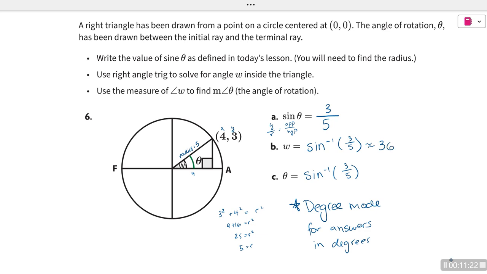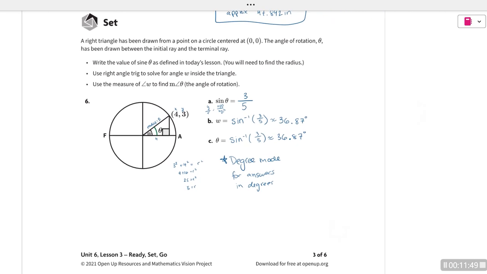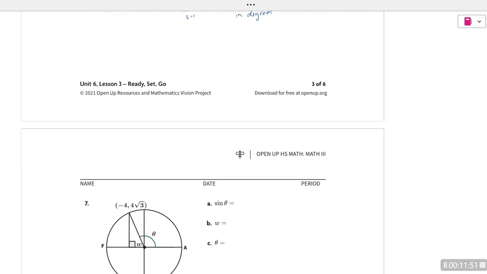No. So 36.8698 9, so let's go to 2 decimal places, 36.87, and that's going to be true for both. I want to make sure I include my degree symbol for those values. So there is question 6. Let's go down to question 7.